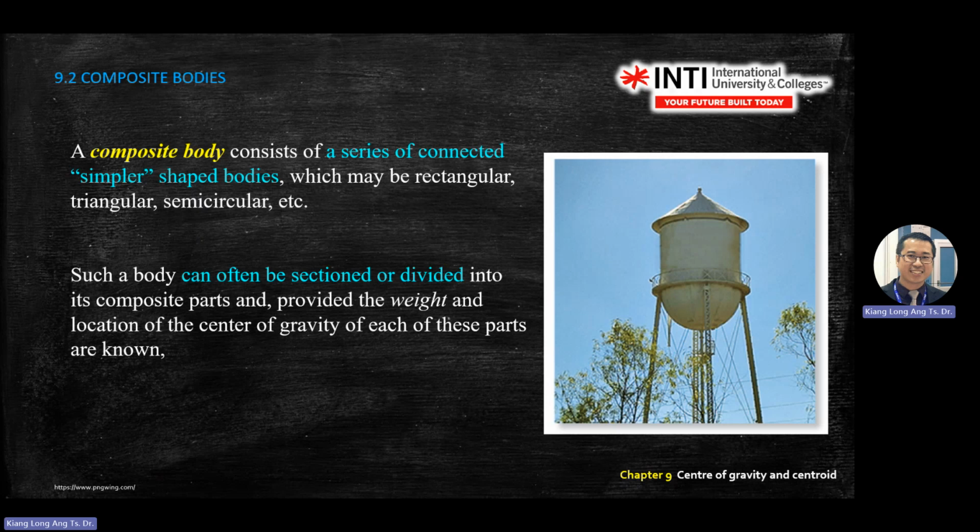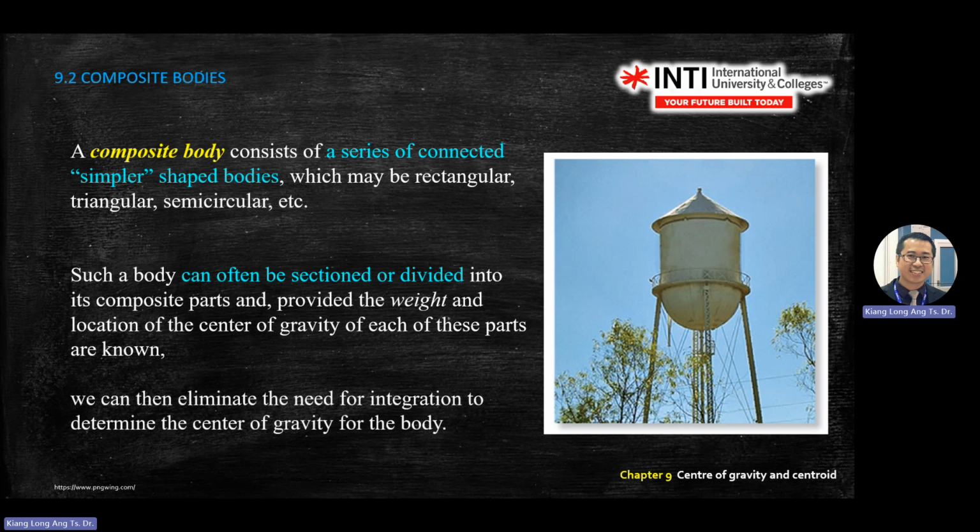we will dissect them, we will dismantle them, by keeping the reference XYZ axis. Then you do the same for the parts. So the step is divide, then provided the weight and the center of gravity of each part are known, you do it.